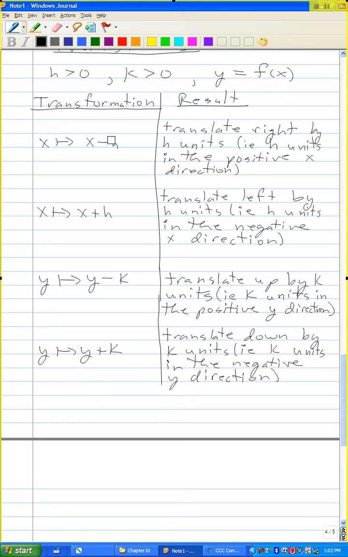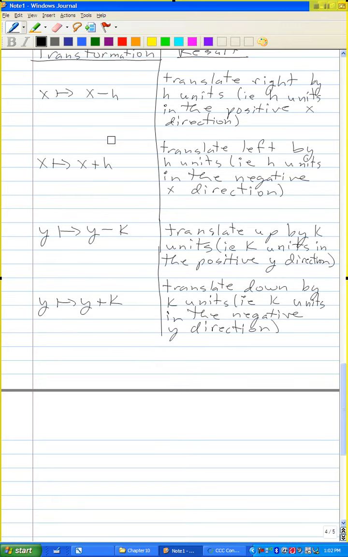Let me do reflections about an axis. Okay, so suppose I have the following transformation. Suppose instead of x, I have negative x. So I'm going to replace x here by negative x. Well, if I do that, then I should just reflect about the y-axis.